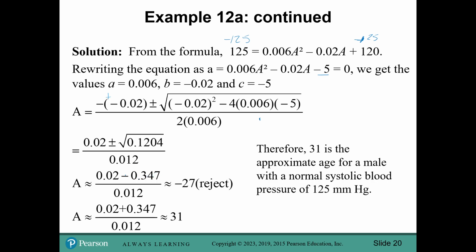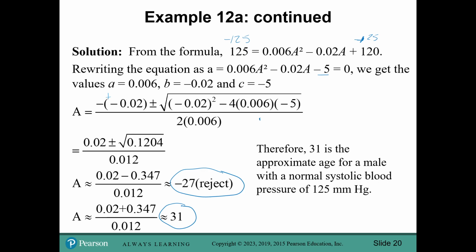We need to look at the negative and the positive of that, so subtracting and adding that particular section. And what we see is that if we subtract 0.347 from 0.02 and divide by 0.012, we get approximately negative 27. And if we add it, we get approximately 31. So those are our two solutions.